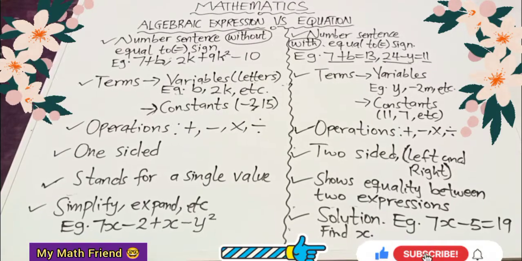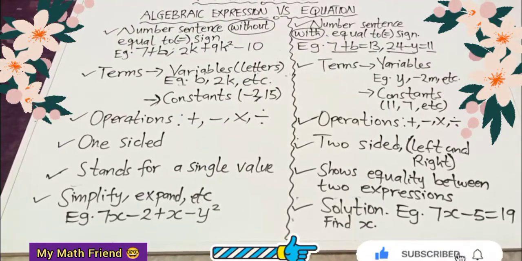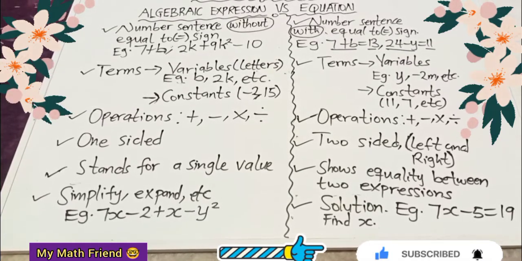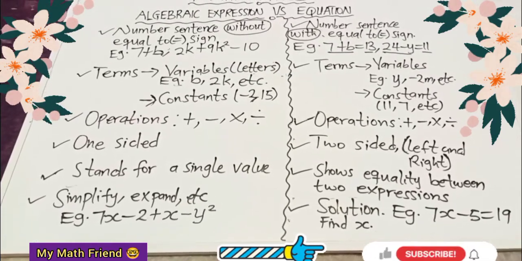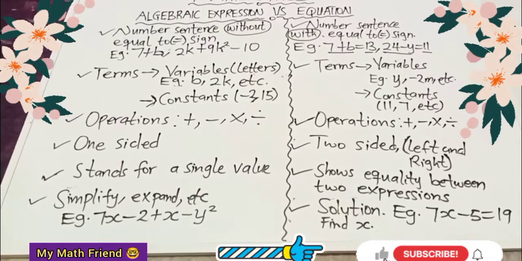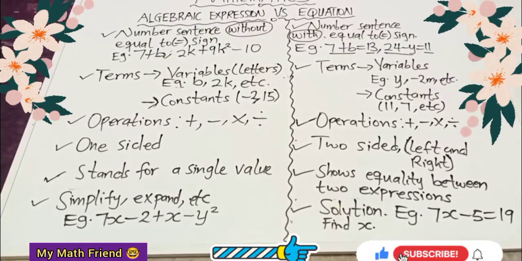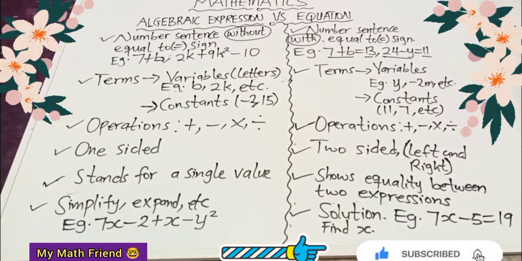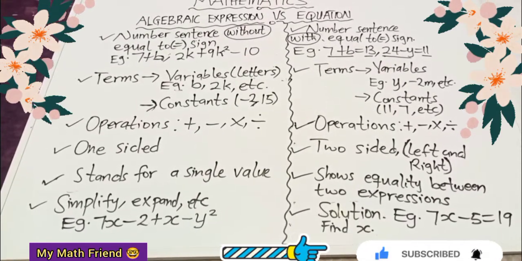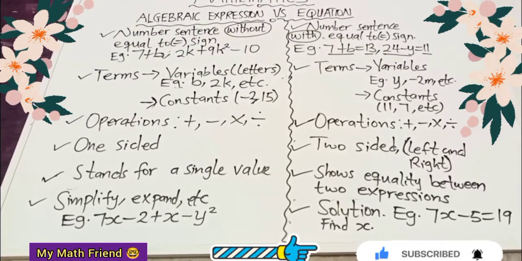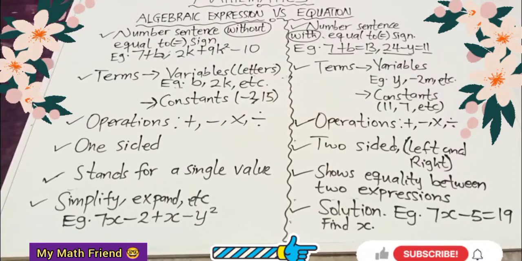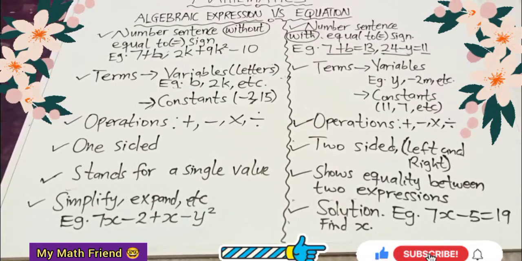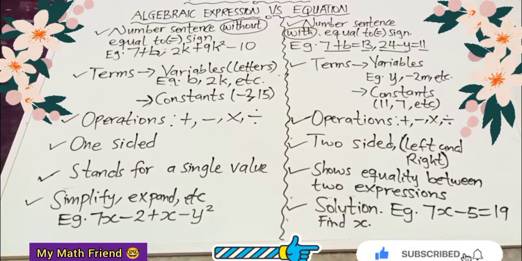Examples are b, 2k, y, negative 2m, etc. Normally, lowercase letters are used. It could be only letters or a combination of numbers and letters. When you see only, let's say, b, that means the number beside the letter is 1. So that is the first term.